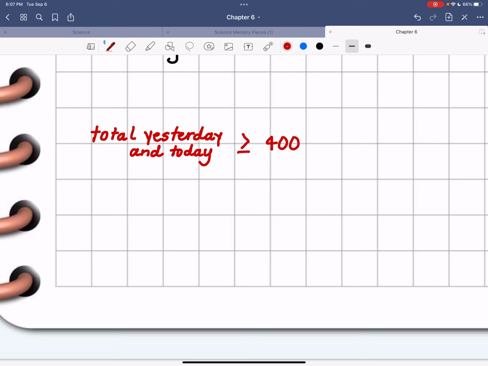All right. So his yesterday calories and his today calories need to be at least, at very minimum, 400. So yesterday, how many did he burn? He burned 224. Plus today, that's the variable. That's what we're trying to decide on.